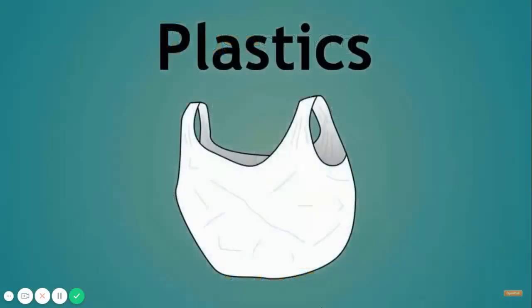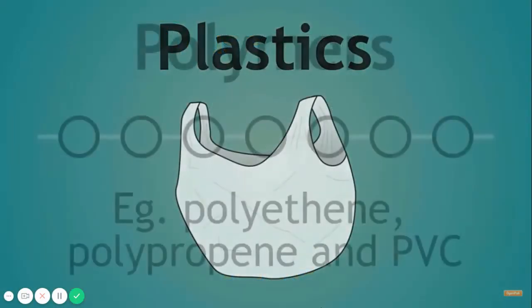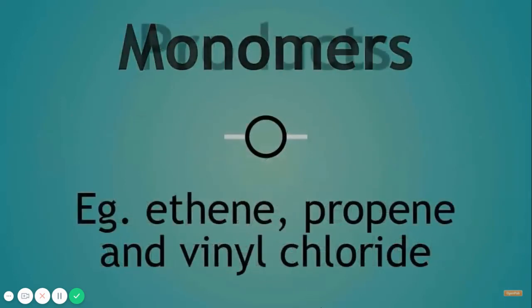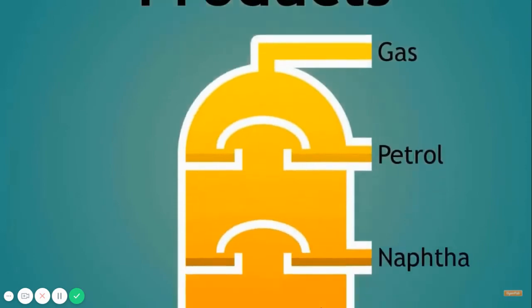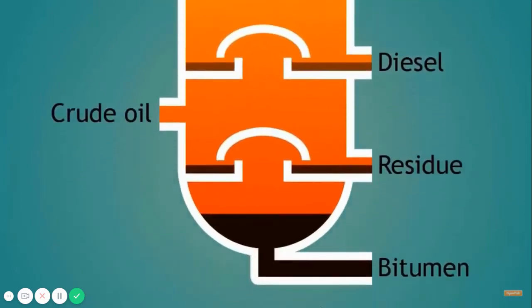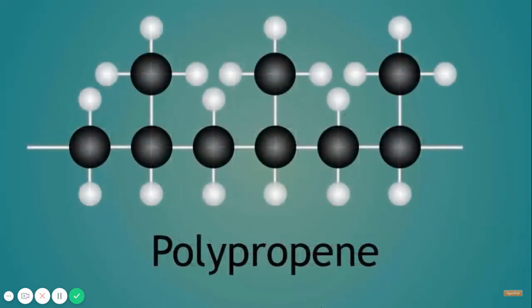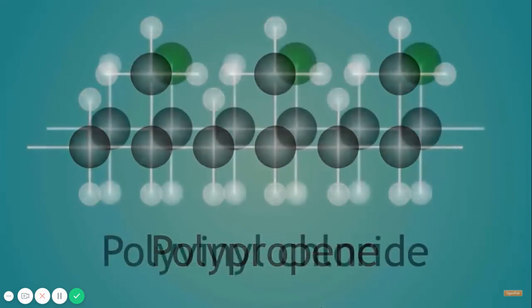The term plastics is used to describe a wide range of polymers made of monomers, all derived from the products obtained from the fractional distillation of crude oil. You may be familiar with polyethylene, polypropylene, and even polyvinyl chloride.